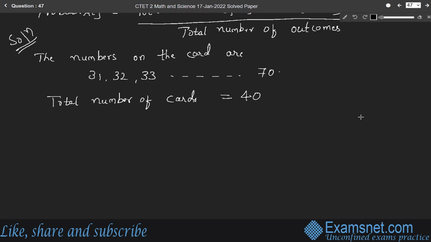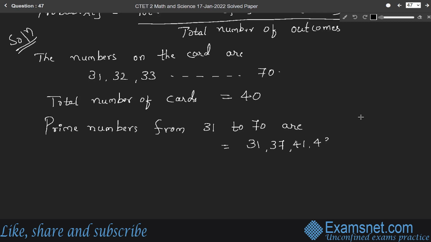Okay. So prime numbers from 31 to 70 are: here 31 is a prime number, after that 37, then 41, 43, 47, then 53 is a prime number, 59, 61 and 67. So these are the prime numbers from 31 to 70.